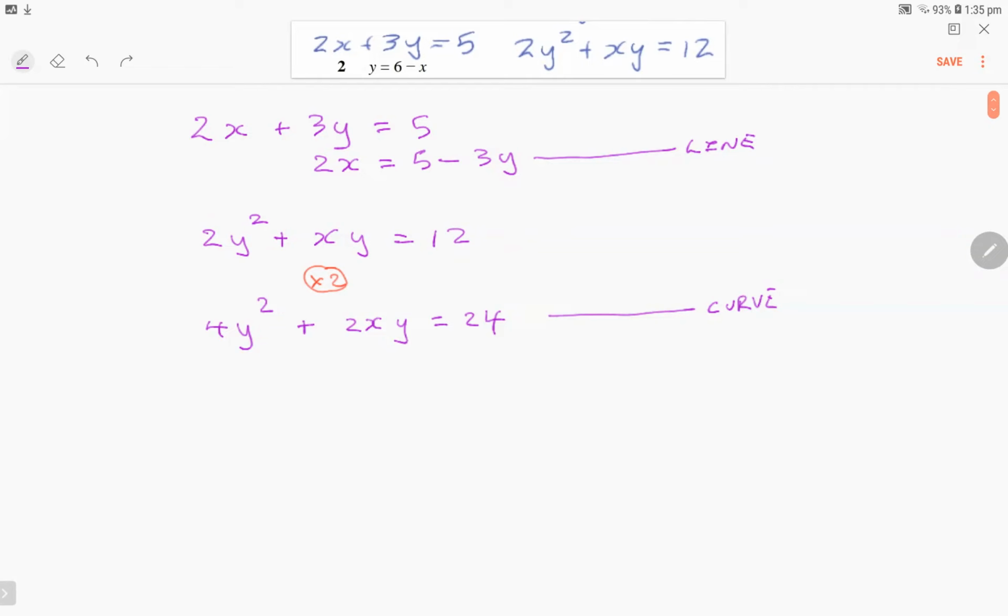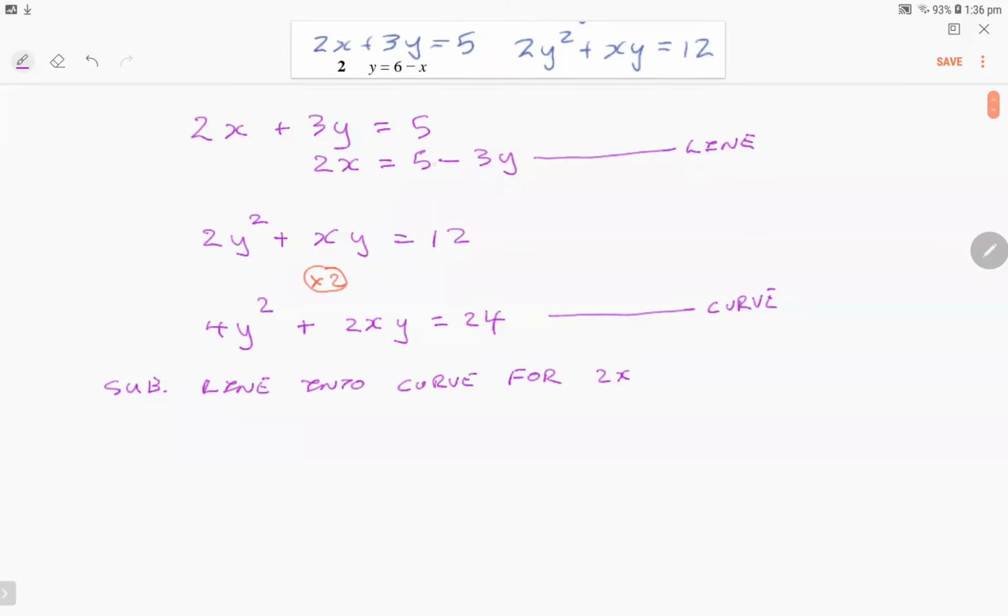So I'm going to substitute the line into the curve for 2x. I'm going to substitute for the 2x.